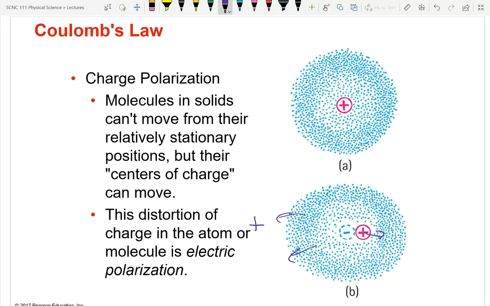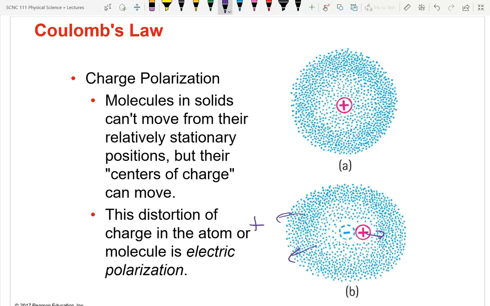And in so doing, it separates the symmetry, right? Instead of having a symmetrical situation, I would now have something that's what we call polarized. We've separated that charge a little. And now one side's more positive and one side's more negative. Well, the negative will be closer to the thing that caused it to separate and will be attracted.